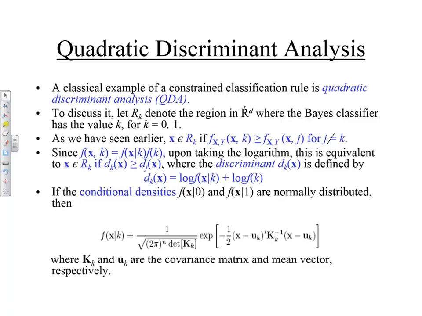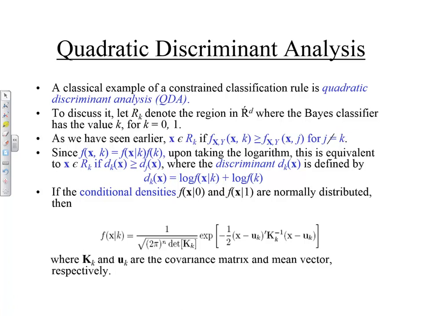So as we have already discussed, when you're doing a classification problem, the Bayes classifier will basically look at the joint density of the observation, the feature that you have observed, and the class label. Which one has the higher joint density? Based on that, it is going to spit out the class label.